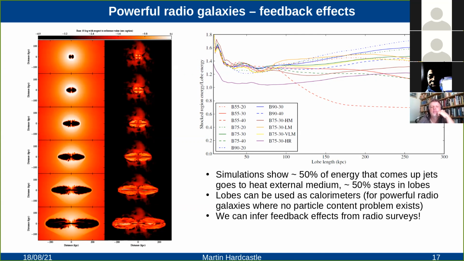So in other words, lobes can be used as calorimeters, at least for these powerful radio galaxies, because we don't really understand the lobe contents for the low-power objects, as I said. That is really important because it means that without doing a really detailed survey of the environment, we can start inferring the effects of the population's feedback just by looking at radio data.